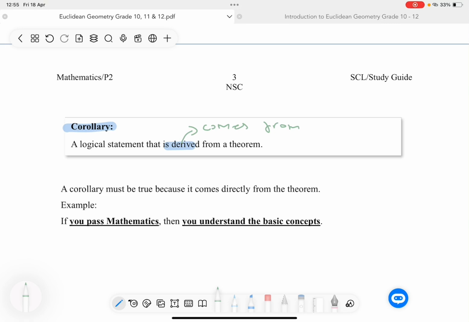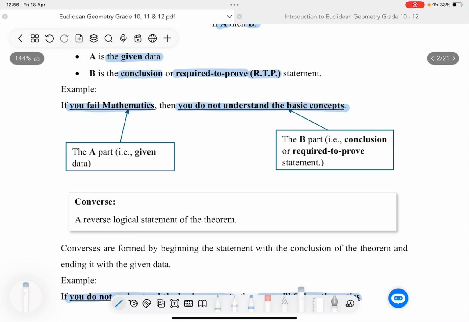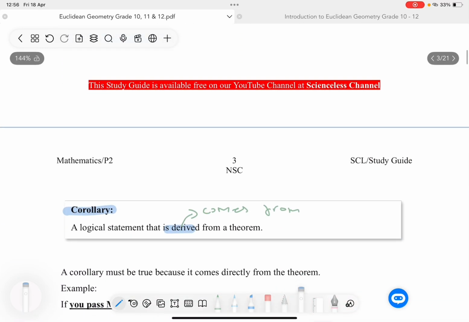So corollaries originate or come from theorems. Our example theorem talks about failing and what happens when you fail. From this theorem, we can deduce another statement that talks about what happens when you pass.